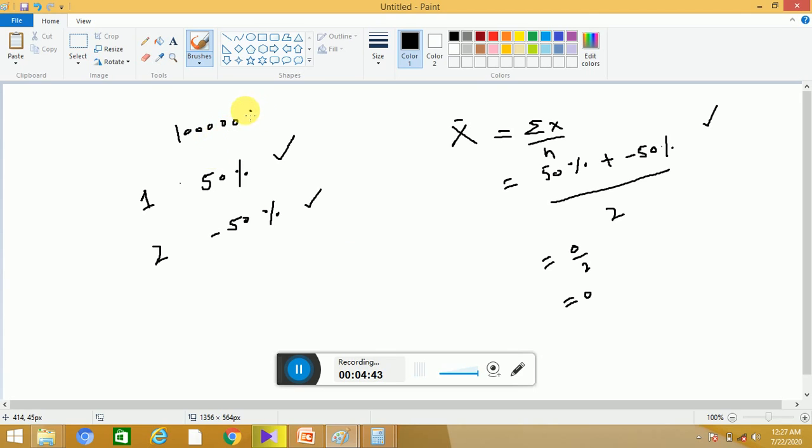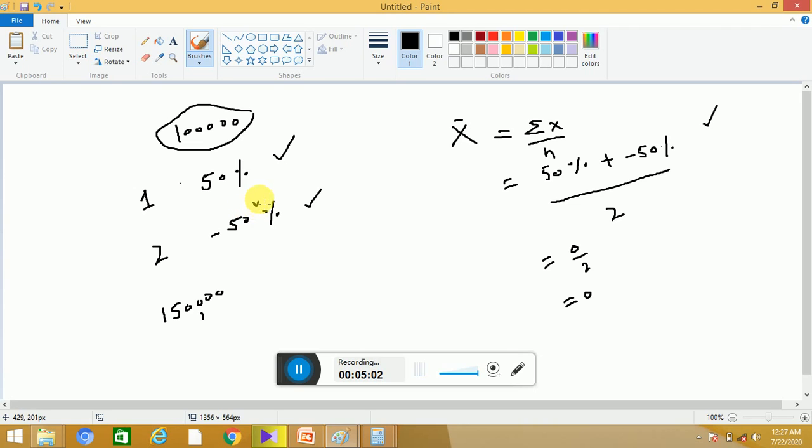Now look at this amount, 100,000. A 50% profit means after 1 year our amount will become 150,000.